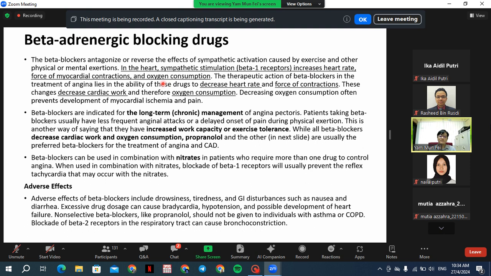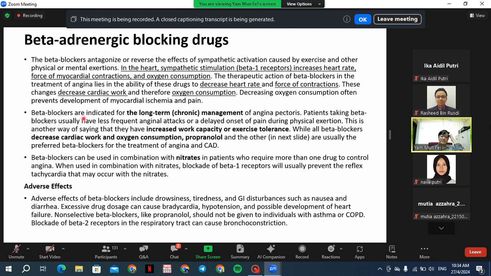So your heart will become more relaxed, like what happens with nitrate. So your heart workload will be reduced, which will prevent ischemic conditions.